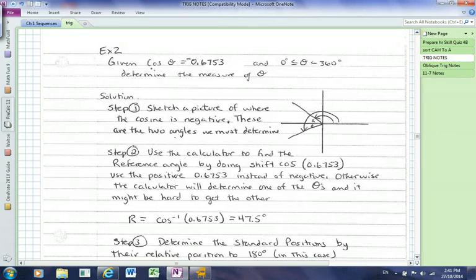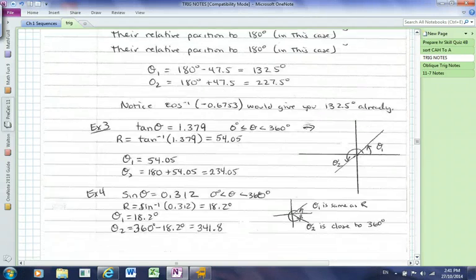Okay, so if I'm going to do the cosine is some decimal, this time it's not an exact situation. I'm going to be using my calculator, okay? So the first thing we do is draw where the cosine is negative, so same idea there. Sorry, I should use cosine. I should have used a different trig ratio, but anyway, I used cosine. I do later on. I gave you 2 more examples down here.